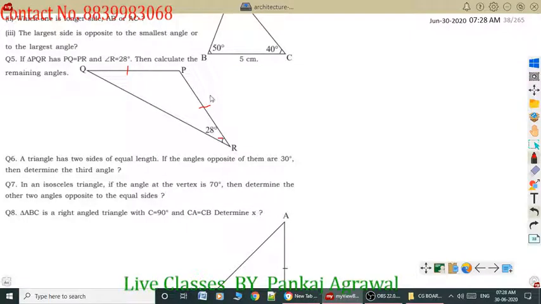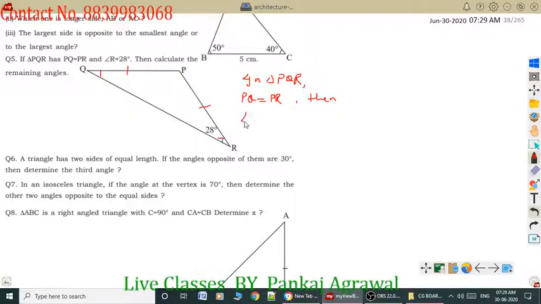So then you can write, you know that in triangle PQR, what is given? PQ equal to PR. And then their opposite angles are equal, meaning opposite angle Q and angle R will be equal.